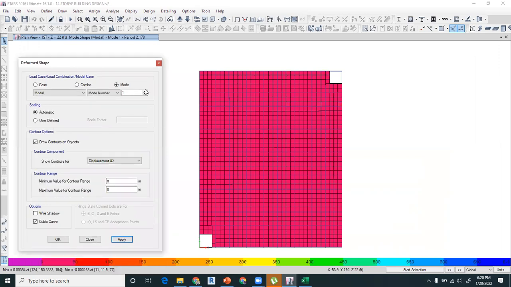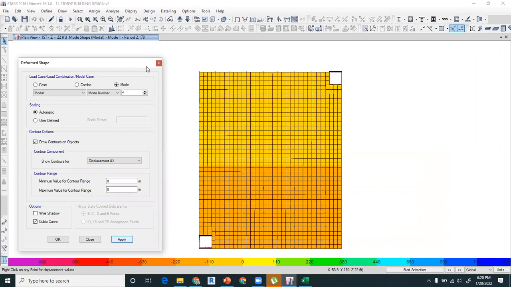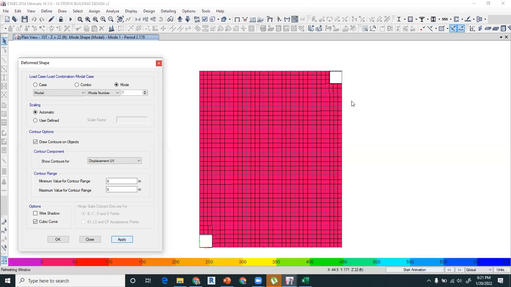As you go up, the time period will decrease. So now you can see in mode 4, the time period is 0.572, right? Remember that the fundamental time period is the largest time period of the building, which is normally mode 1. So in mode 1, the fundamental time period is 2.178.